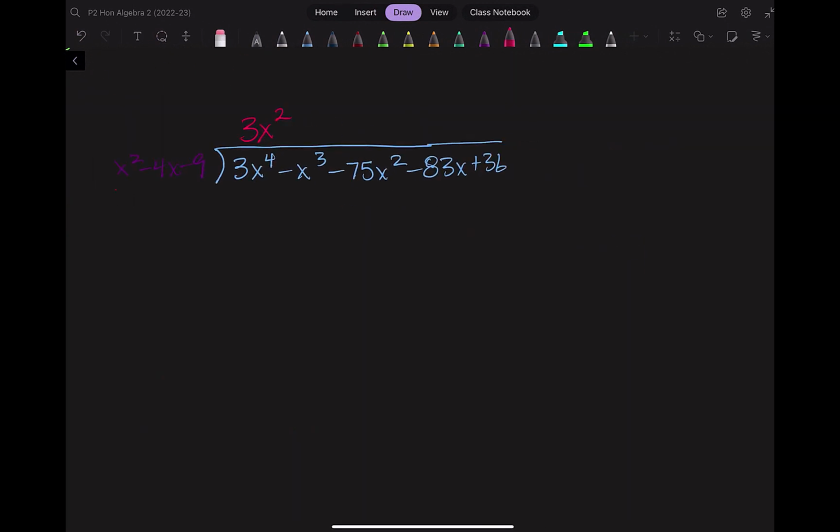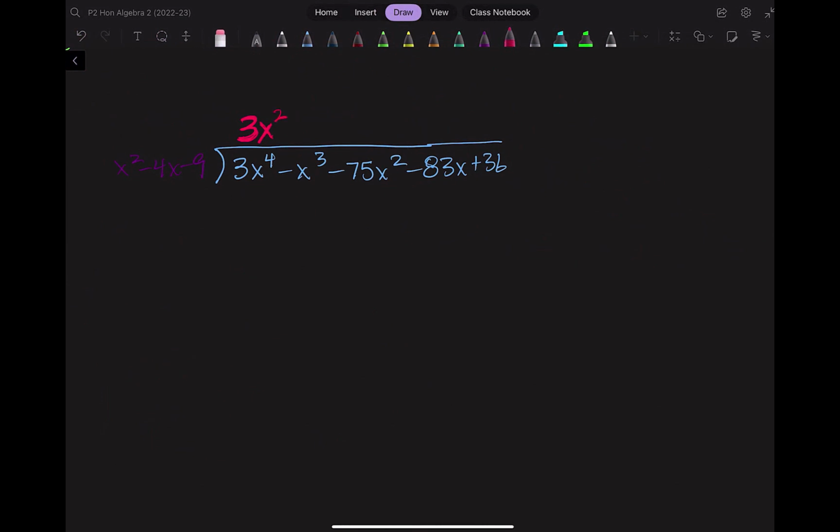So we always ask ourselves, what do we multiply x squared by to get 3x to the fourth? We need to multiply the 1 in 1x squared by 3. So I'll put a 3 up here, which I kind of already did. And I need to multiply the x squared by x squared to produce an x to the fourth.